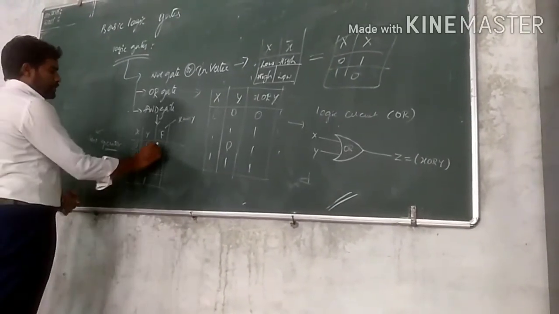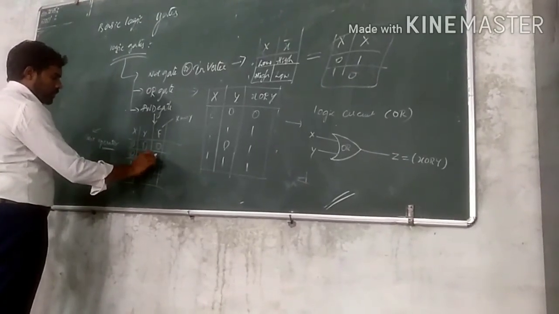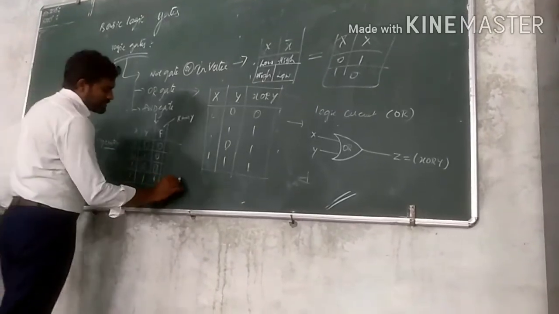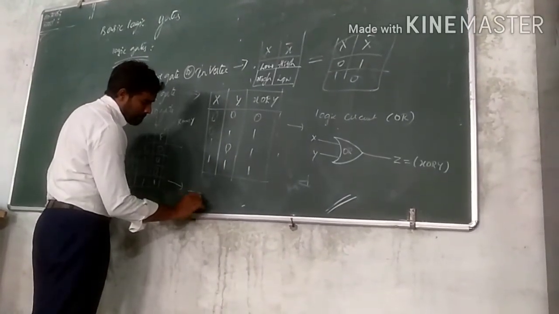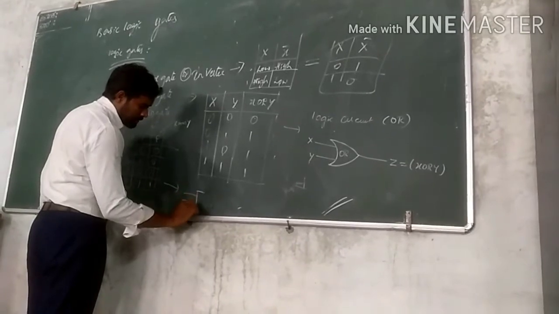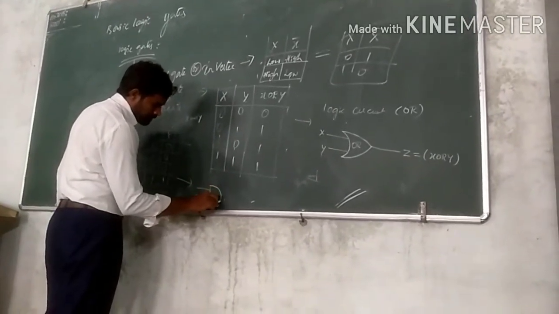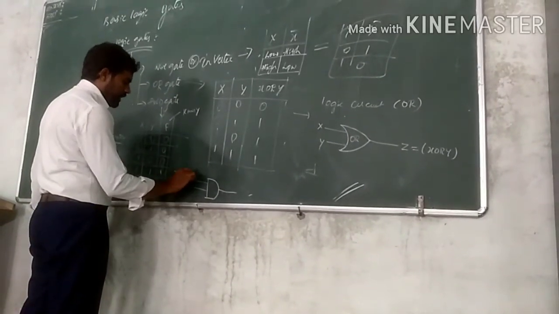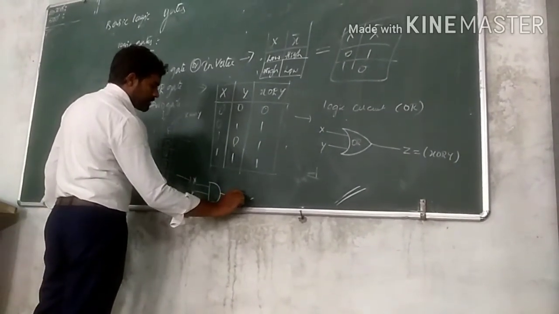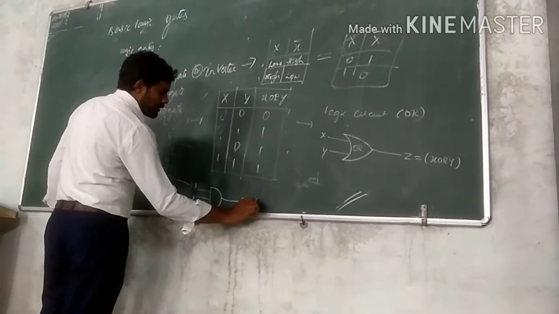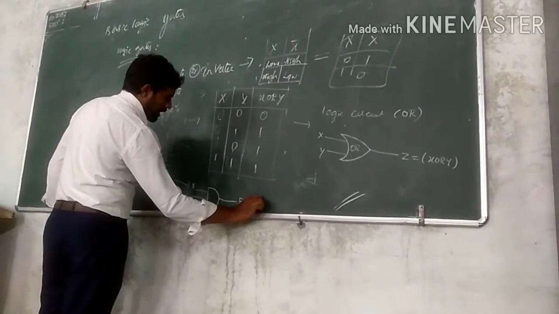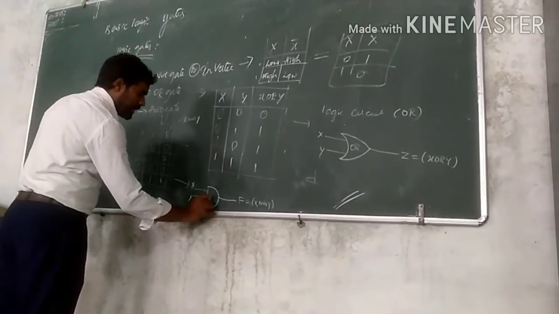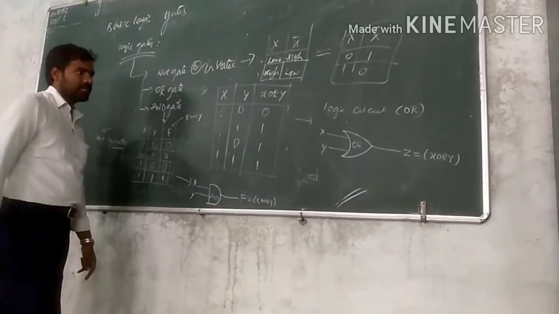So 0 into 0 is 0, 0 into 1 is 0, 1 into 0 is 0, 1 into 1 is 1. For this, the logic diagram is: this is x, this is y, this is f. F is equal to x and y. So this is the AND gate, the logical AND gate circuit.